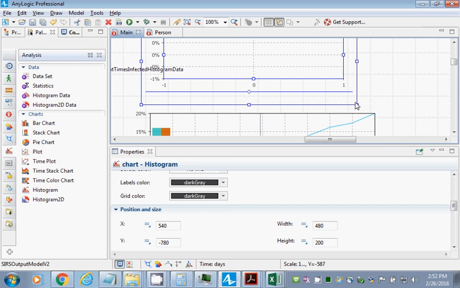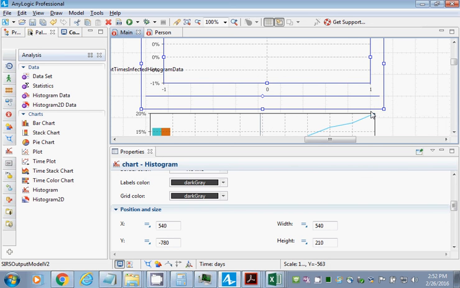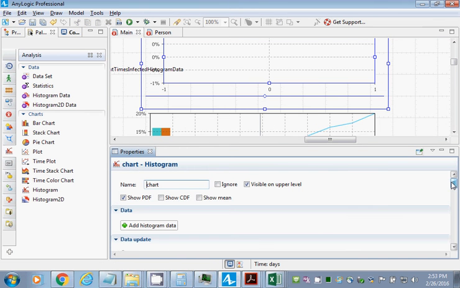You found it, Kurt? I think so. Okay, count times infected histogram, and what do we have to do to associate it with the histogram data object? Add histogram data, okay, and this will be count times infected. Let's see what happens now. I'll say entire population, count times infected.